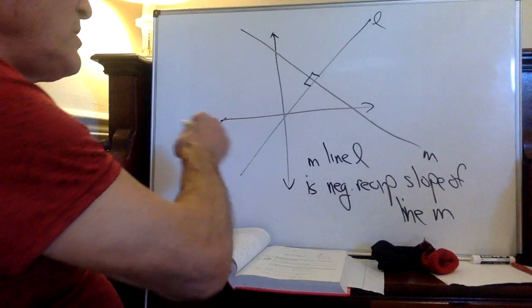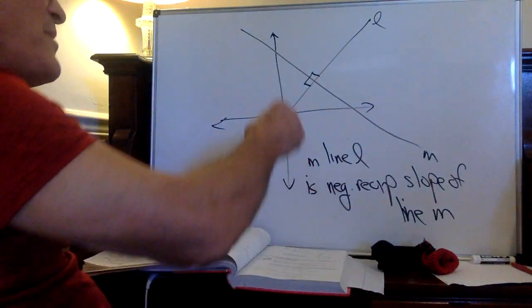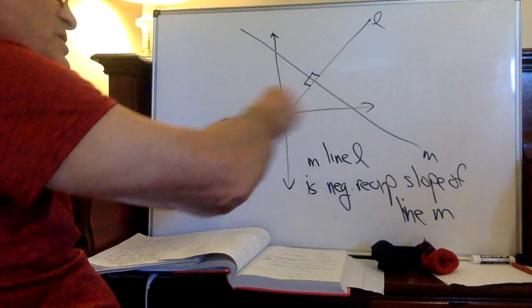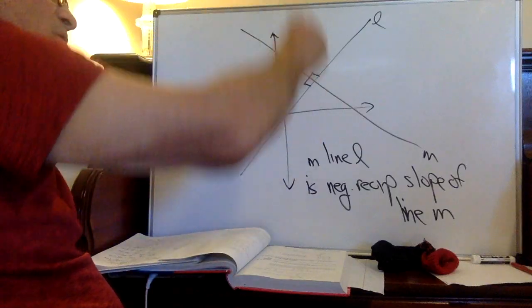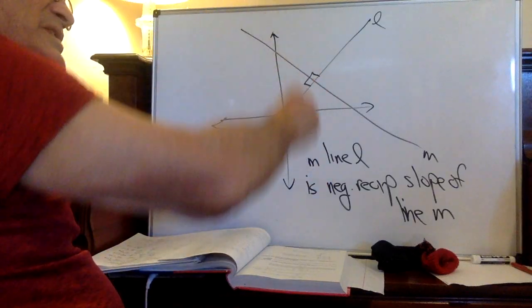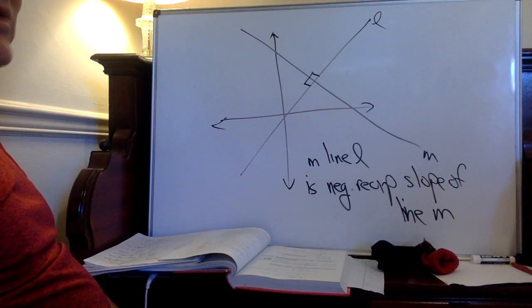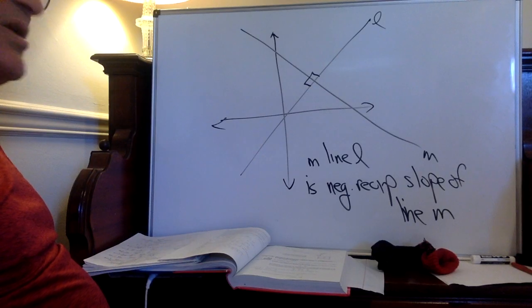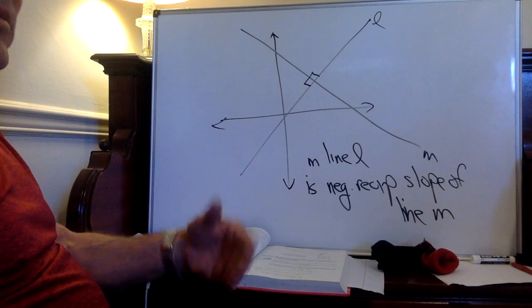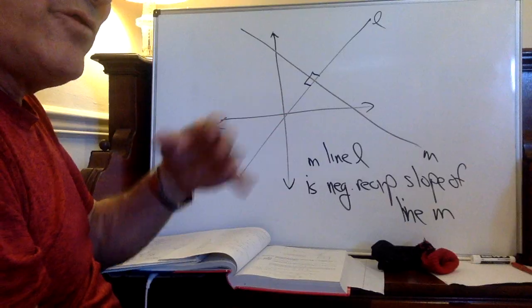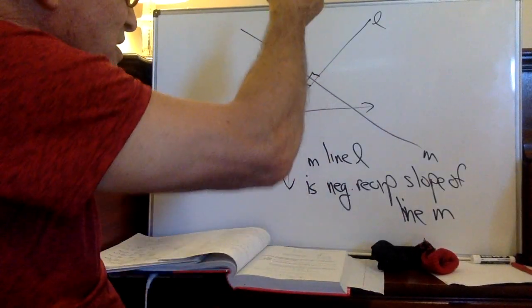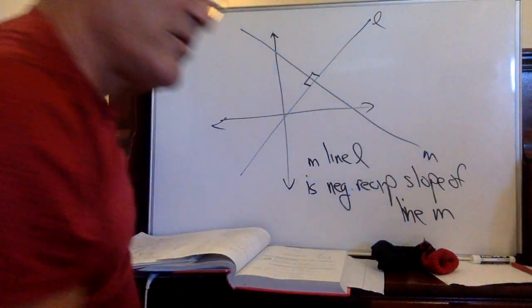If you have vertical and horizontal lines, hopefully you remember a horizontal line has a slope of 0, a vertical line has no slope. A vertical line is said to have no slope. It's undefined. Because if you remember your slope formula, change in y over change in x, if all the x's are the same, then there is no change in x.